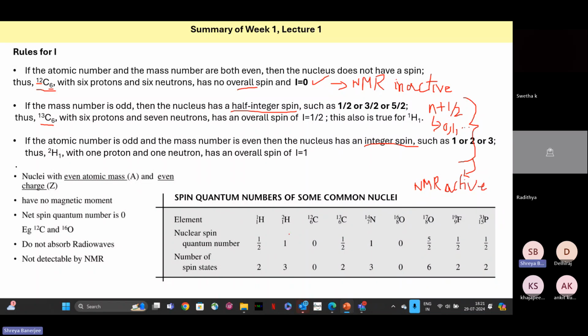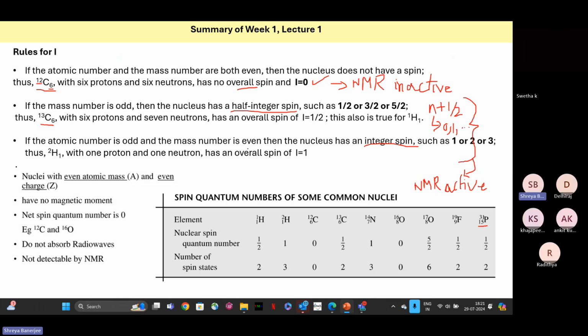So you can see here some more examples are given. So suppose we take 31P. In 31P, you have both as odd. So in this case also it is active.